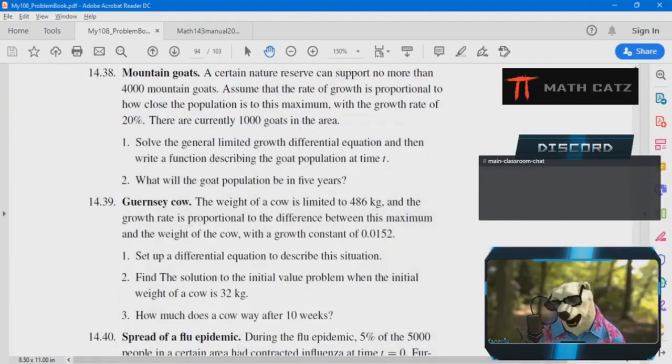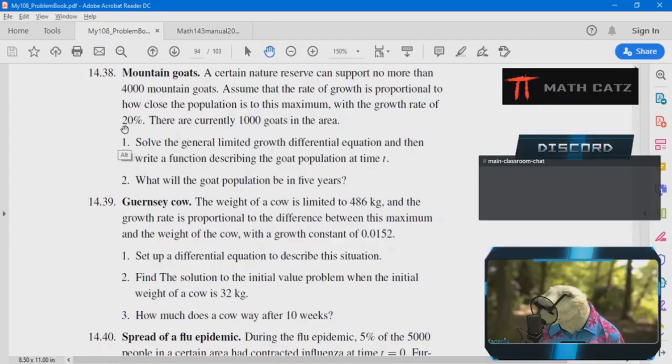Mountain goats at a certain nature reserve, it can support no more than 4,000 mountain goats. Assume that the rate of growth is proportional to how close the population is to this maximum, with the growth rate of 20%. So if I just convert that to a decimal, it gives me my growth constant in a simple form.